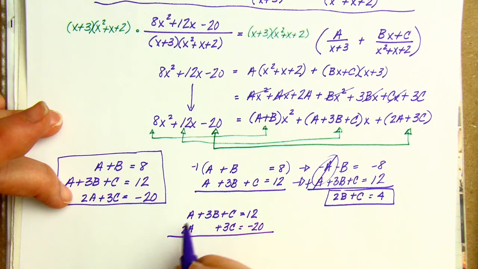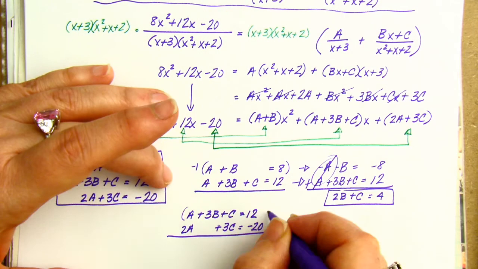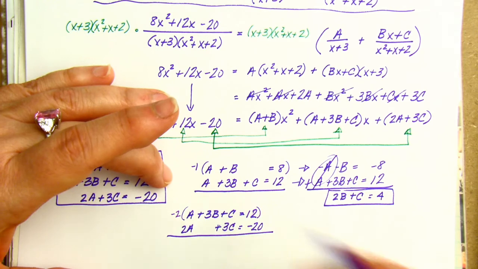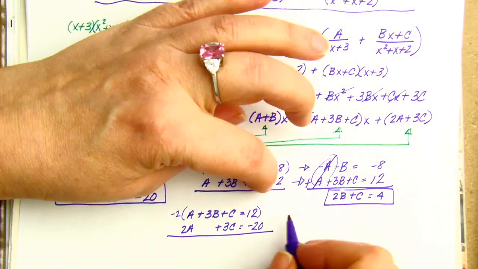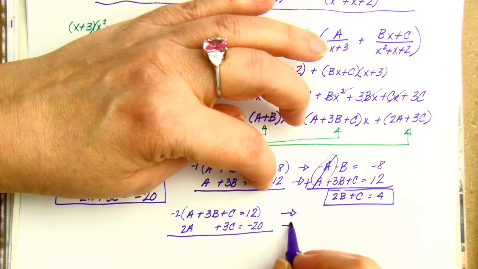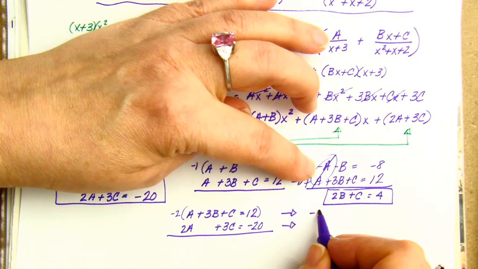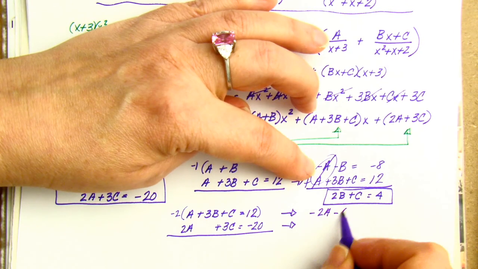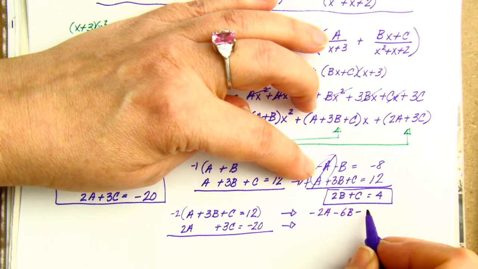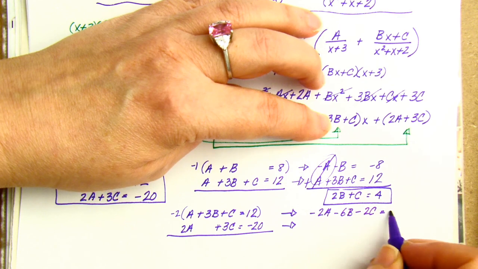I'm going to eliminate a again, multiply top equation by negative 2. Negative 2a minus 6b minus 2c is negative 24.